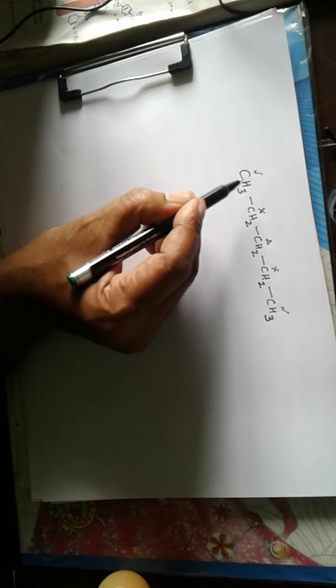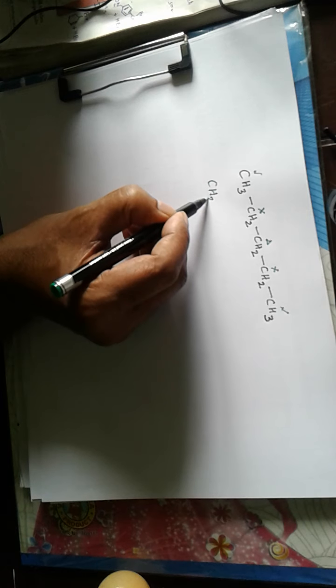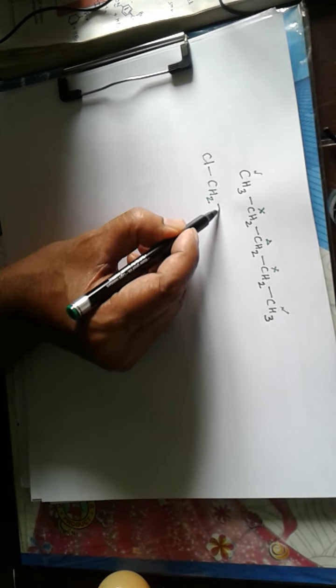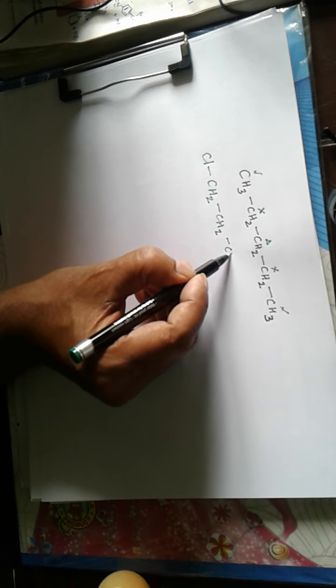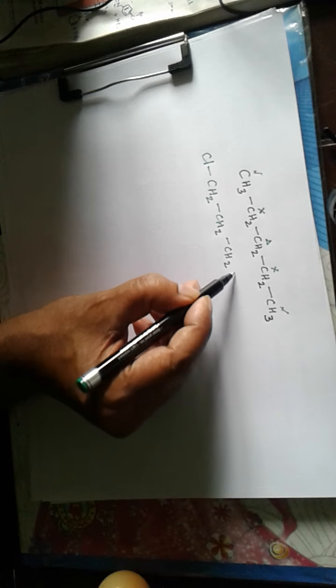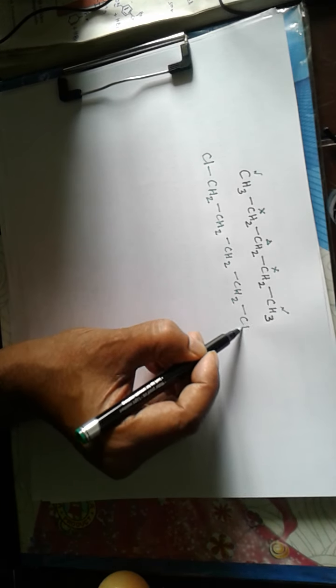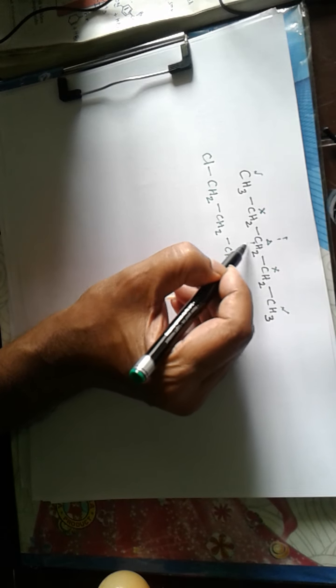So we can have one chlorine here, that is CH2 Cl CH2 CH2 CH2 CH3. So place the mirror here.